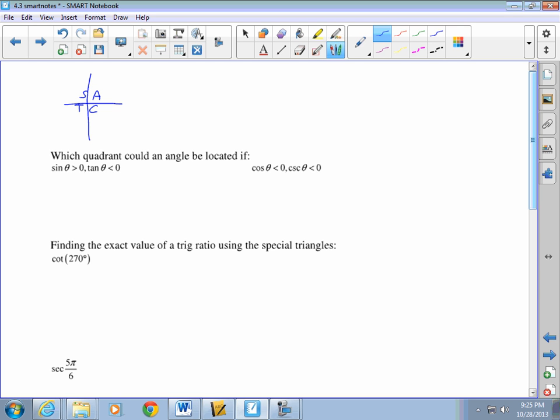S stands for sine and its reciprocal, which is cosecant, and then T for tangent and cotangent. So that helps you just to know which quadrant these would be positive in.